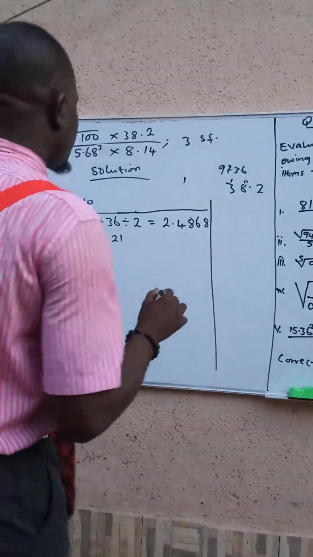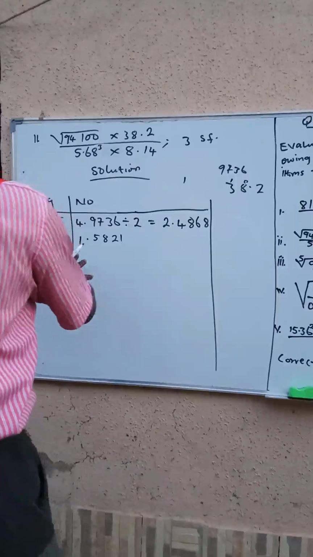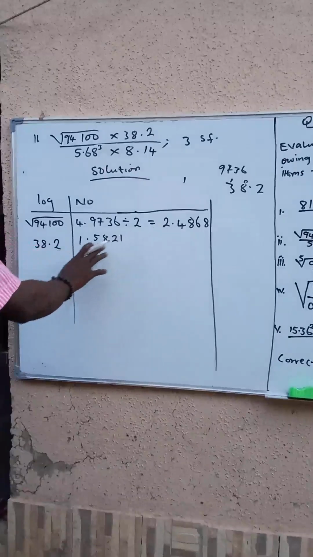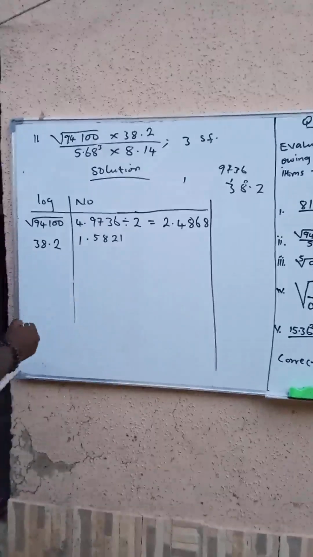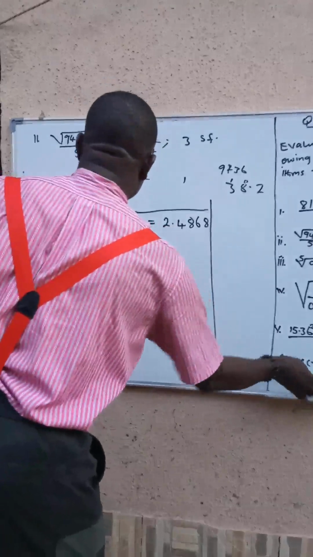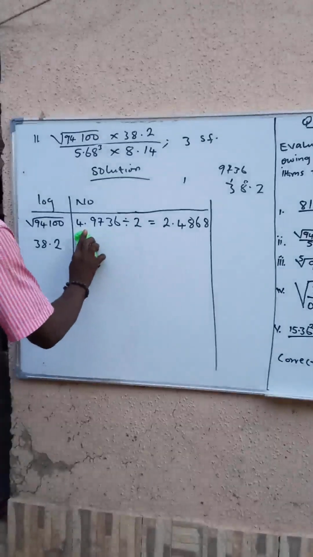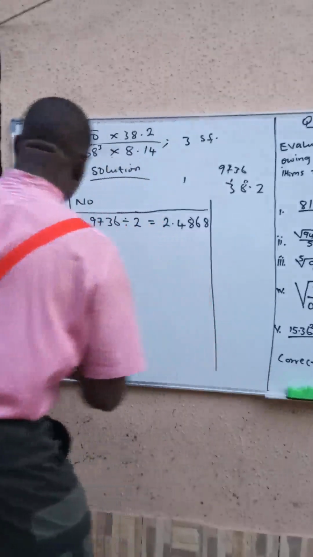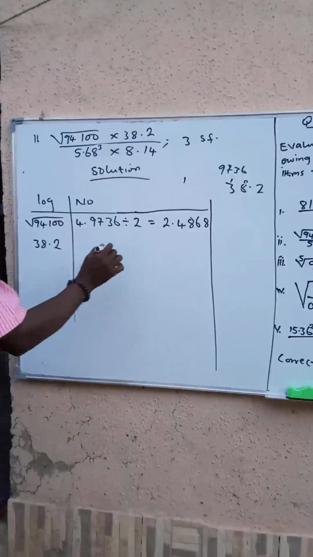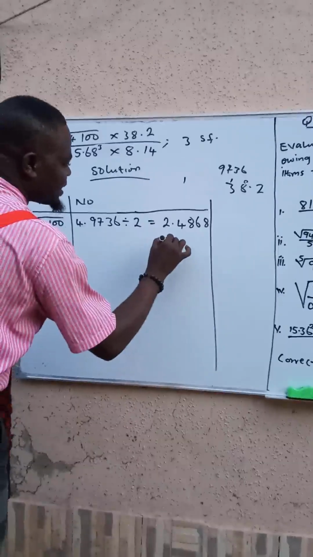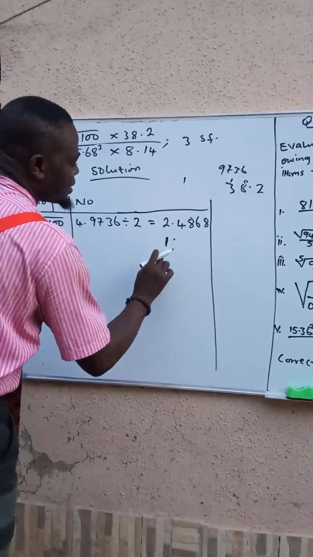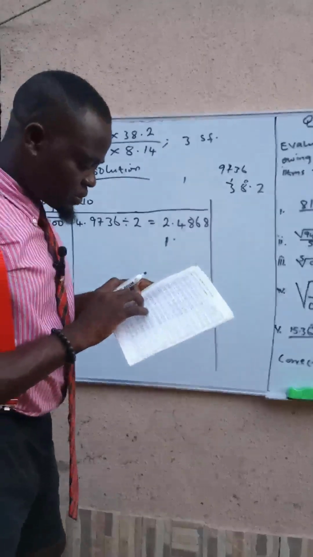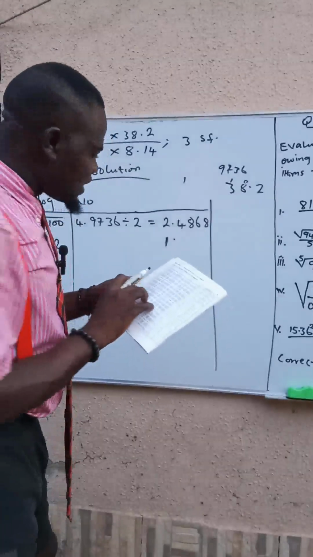5821. Now in this case, since you have already extended this one to this place, you have to bring this one there so that your work can be neat. You are not doing this one under here again because this one has extended. This is the final answer here. So what you do is this. That is 1. We said log 38 under 2 is 5821.